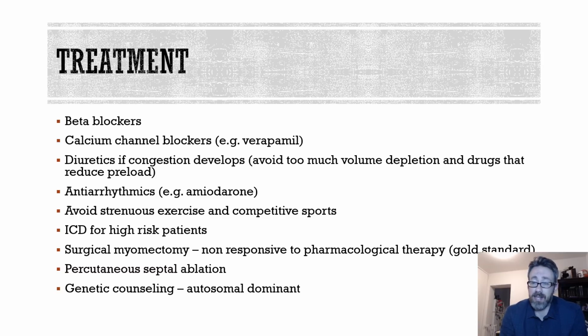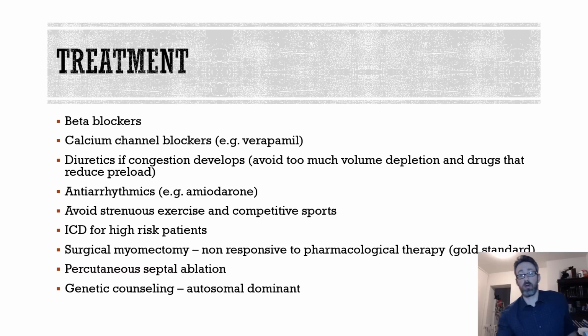With diuretics, we don't want to reduce the volume too much because we're going to cause obstruction or reduce that preload, which is vital. But if they're congested, you might have to add a little bit to offset the congestion, but not too much to decrease their preload.